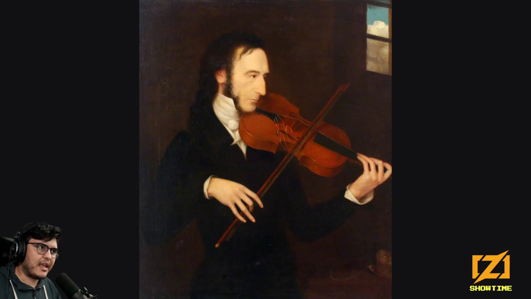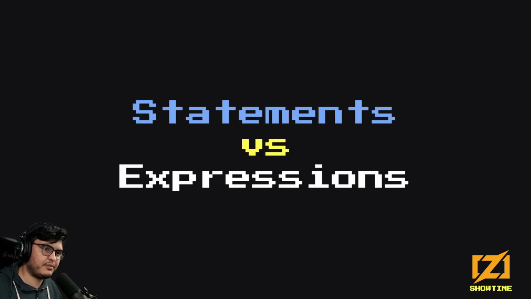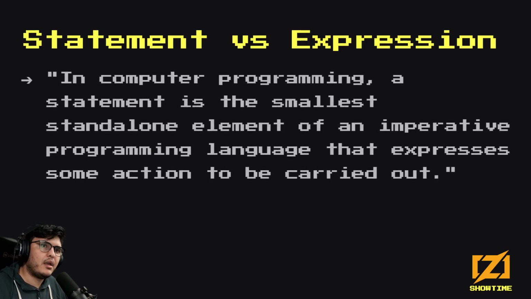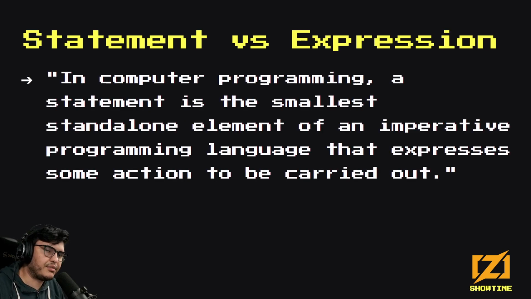Now that we know what a virtuoso is and what virtuosity is in general, let's talk about Zig. Let's talk about statements versus expressions, and let's briefly mention which is which. This is a quote from something I found on the internet. I don't even remember where, but it says, in computer programming, a statement is the smallest standalone element of an imperative programming language that expresses some action to be carried out.